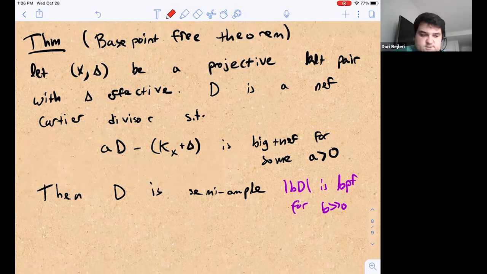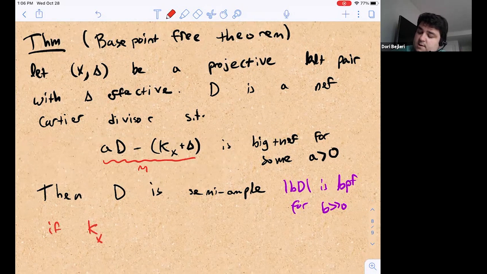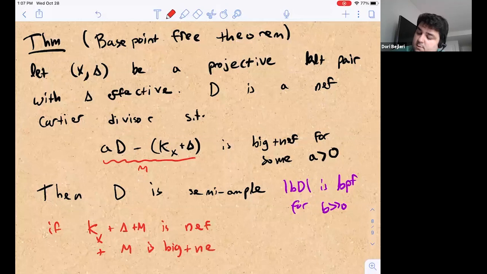But the way you can think of this is just that, call this M, and then this theorem becomes: if K_X plus Delta plus M is nef, and M is big enough, then K_X plus Delta plus M is semi-ample.